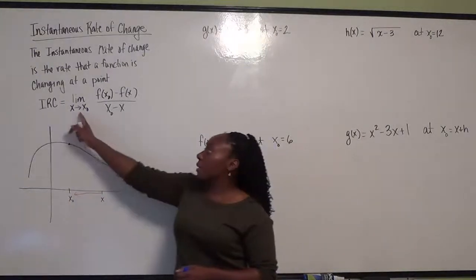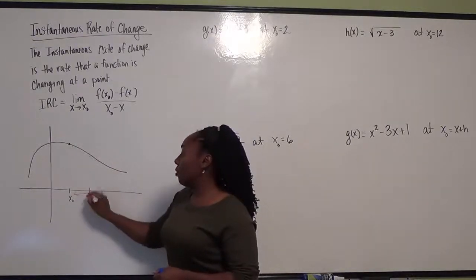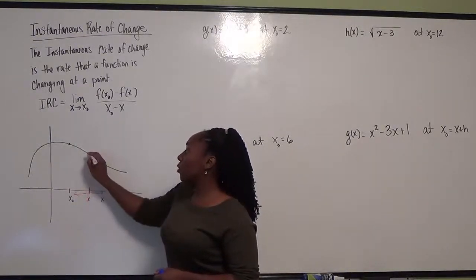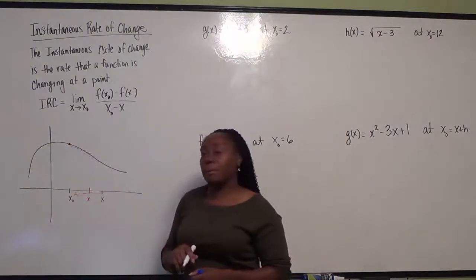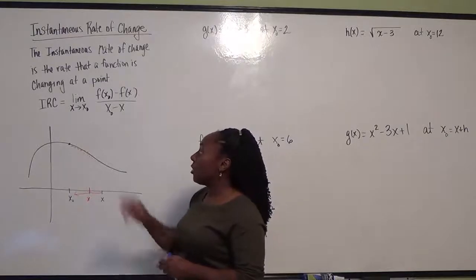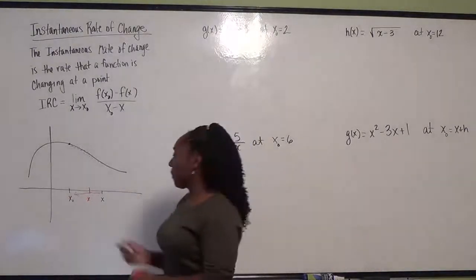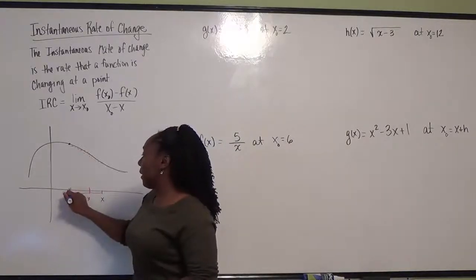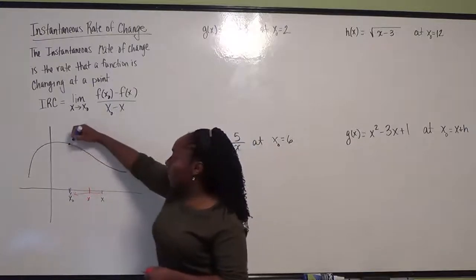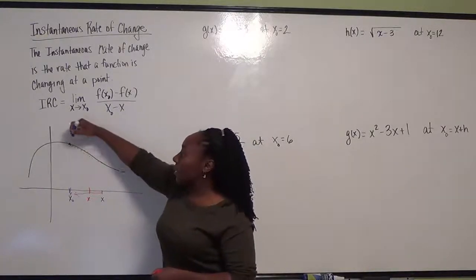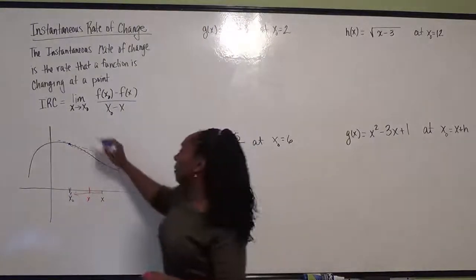The limit is saying as I move closer and closer, notice my secant line is going to change. Eventually, as these points get really close together, so my x and my x naught are pretty much the same point, my secant line turns into what we call a tangent line.